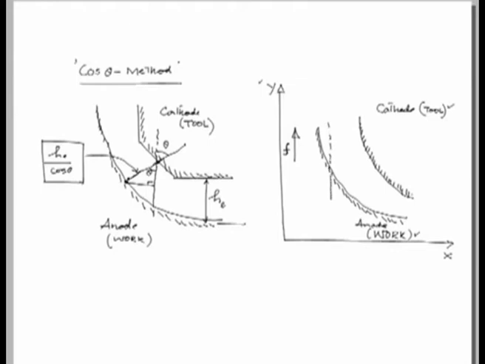Let us consider 2 points on the surfaces. Say this is point B and this is point A. A has the coordinates, let us consider, x w, w for work, and y w.